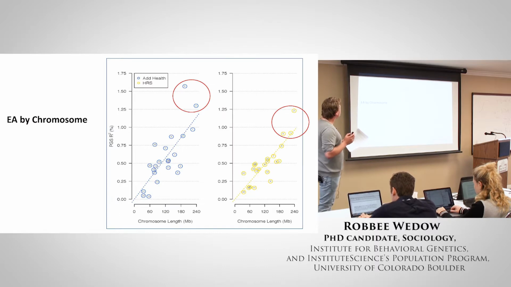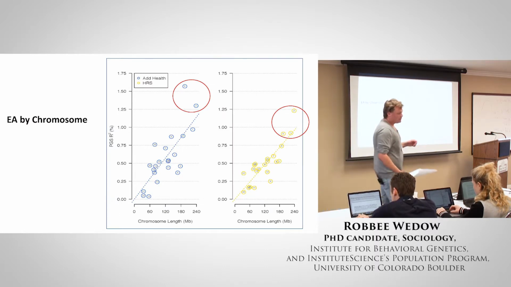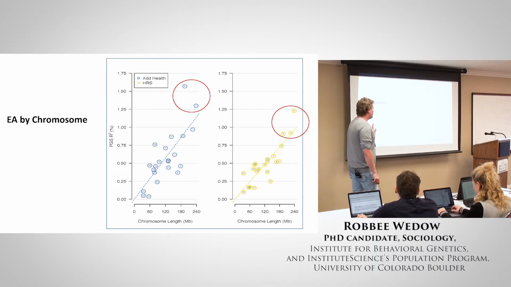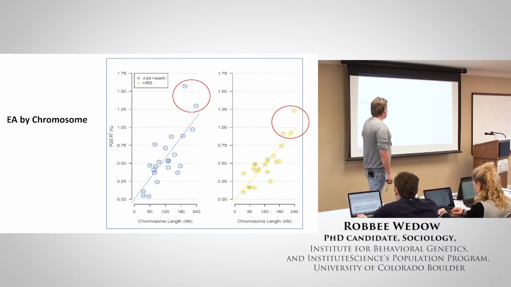Okay. This is another interesting supplemental analysis that we did in the prediction section. Here we've created, for each data set, 22 individual scores, one for each chromosome. On the x-axis, we're plotting the chromosome length. On the y-axis, the incremental R-squared of the individual by-chromosome polygenic scores.